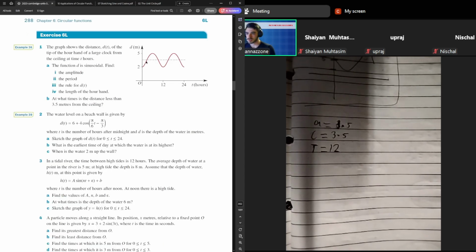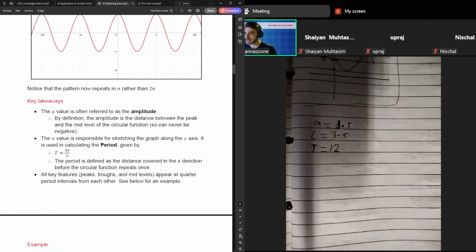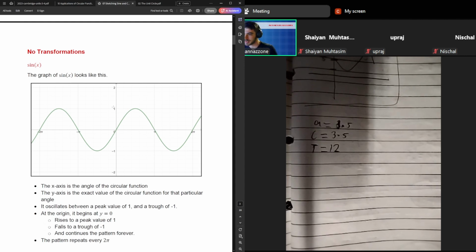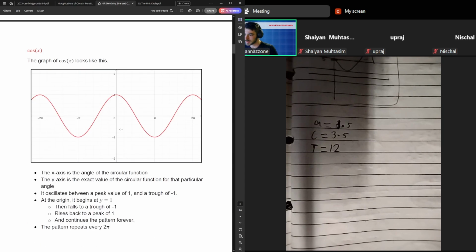Whether you pick sine or cosine to start with doesn't really matter, but ideally you would pick one that doesn't require any substitution to get horizontal translations. Because this starts at a trough, if you compare the basic sine and the basic cosine, the basic sine will always start at 0 and the basic cosine will always start at a peak.